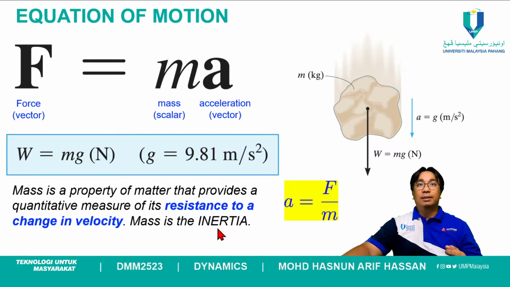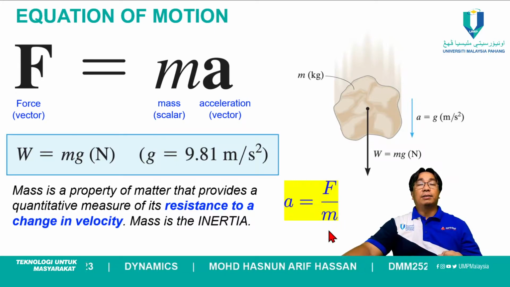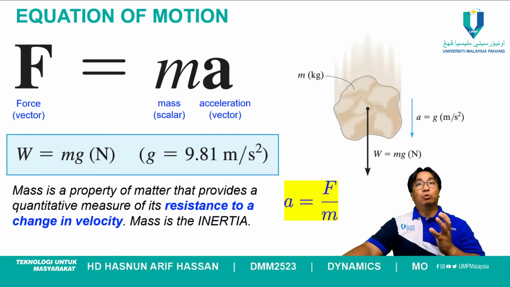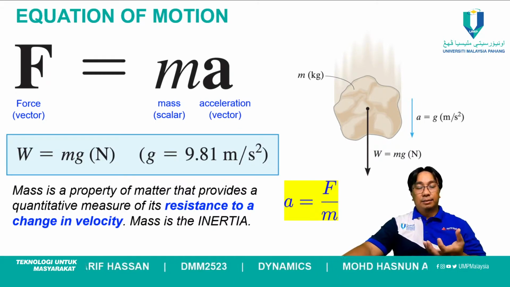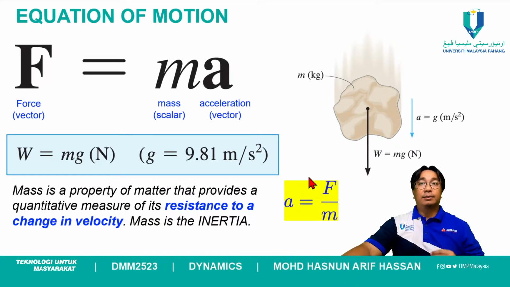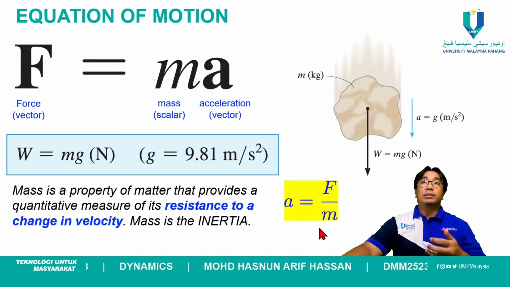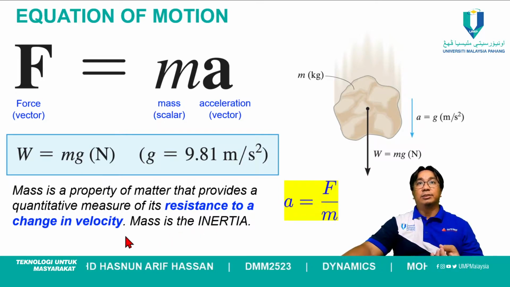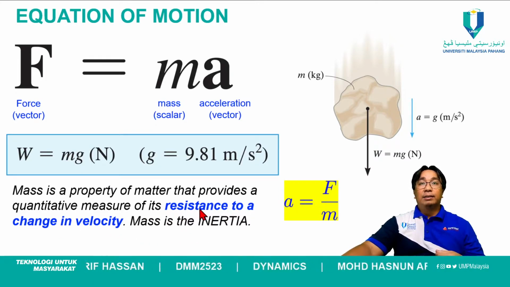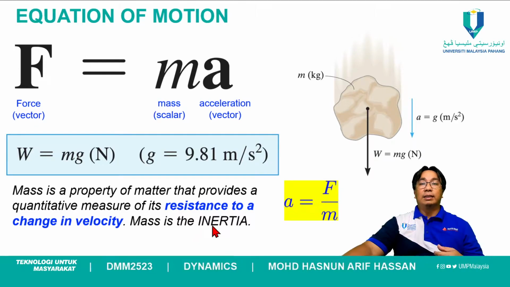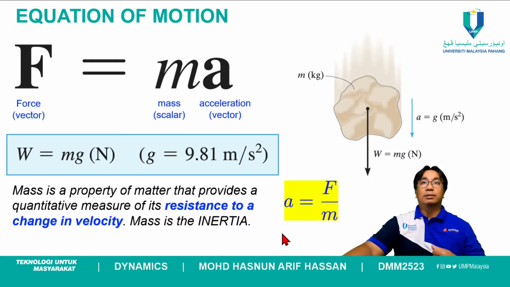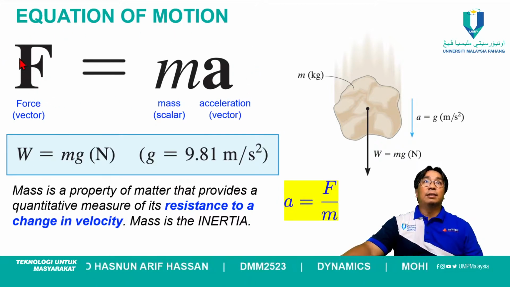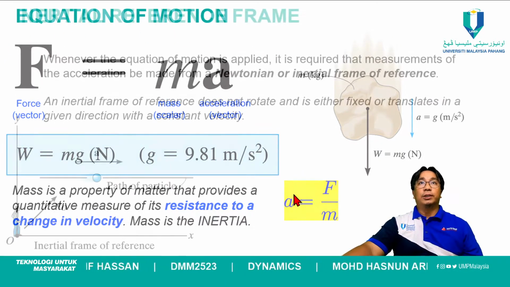Mass ini dalam kes ni kita panggil sebagai inertia lah. Mass itu yang menghalang perubahan pergerakan sesuatu objek. That is some definition of the mass lah. Mass ni sesuatu yang resist the change, and by resisting the change in velocity, kita panggil mass itu sebagai inertia. So basically this is the equation that we are interested in, the equation of motion.